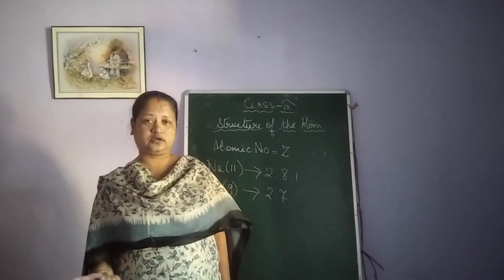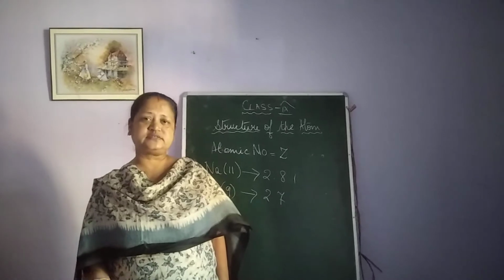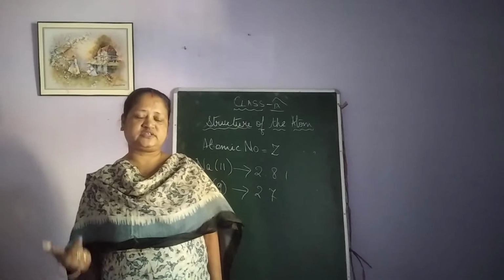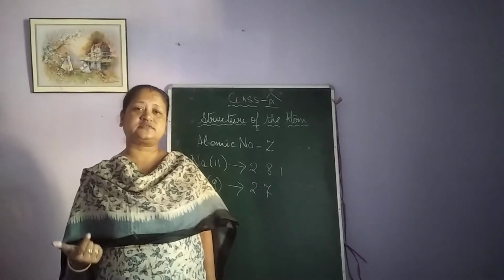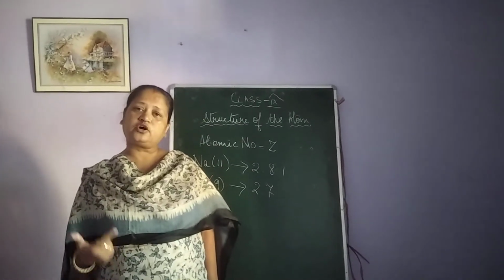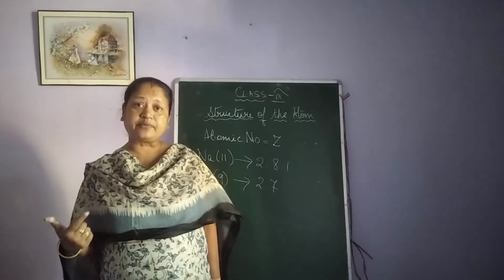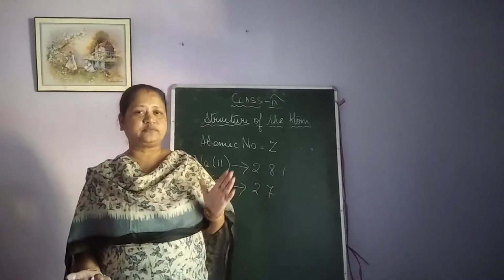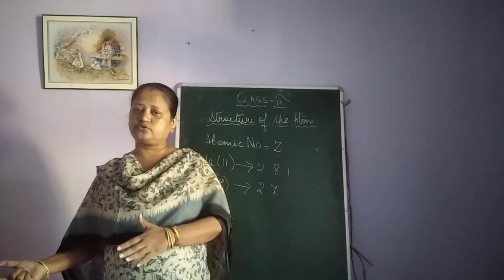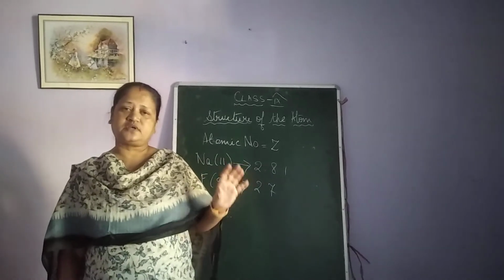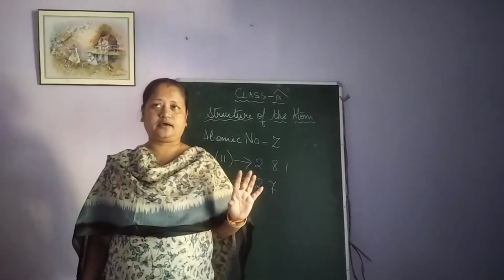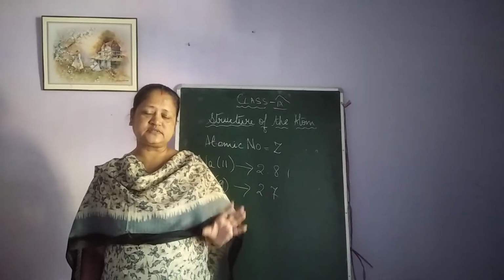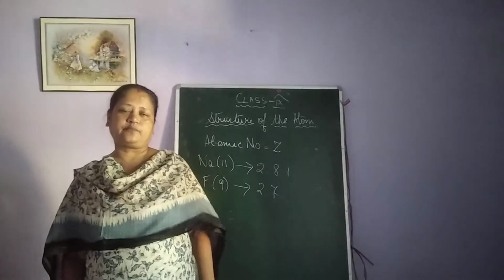Neutrons are neutrally charged, and protons are positively charged. The number of protons inside the nucleus is the atomic number. That also gives you the number of electrons, because as a whole an atom is neutral, so the number of positive charges should equal the number of negative charges.